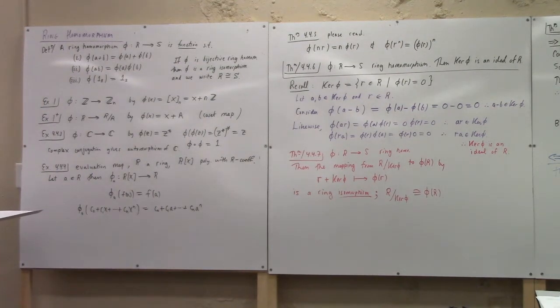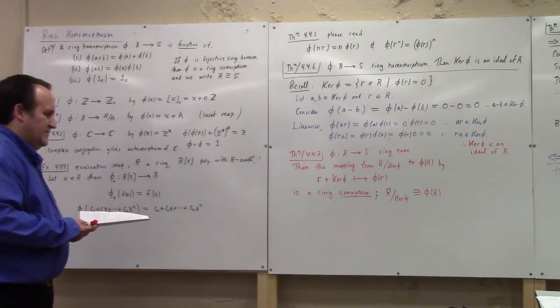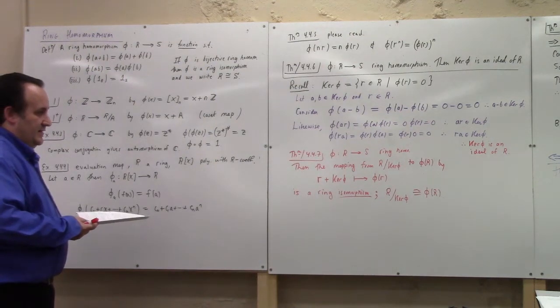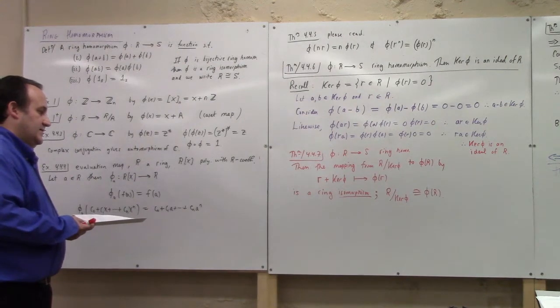The main thing to prove here is that the mapping is an isomorphism, and also, of course, that it is a bijective map.